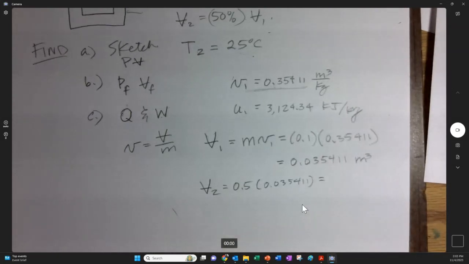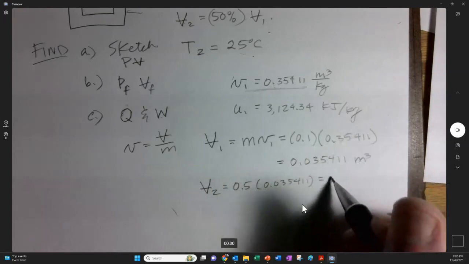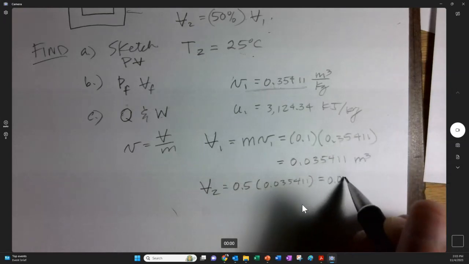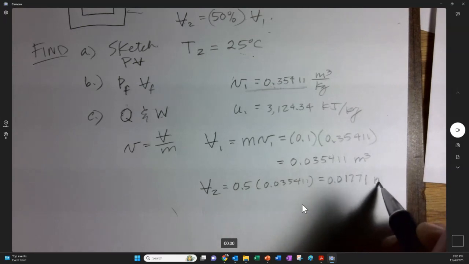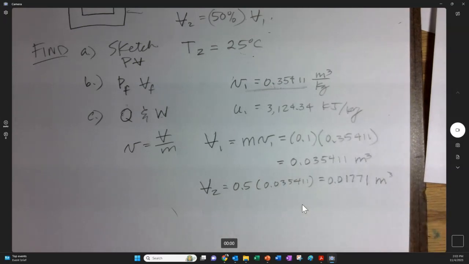So I'm going to go ahead and put that into my calculator because I'm not going to trust myself with that. 0.5 times it. So it's 1/2 that. So it's 0.0177. I'll cut it off at 4 sig figs.